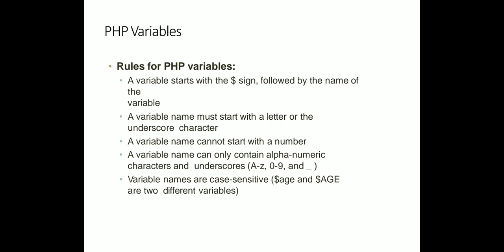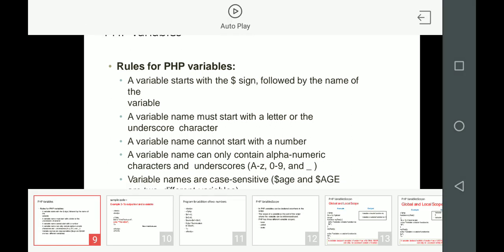Variable names are case sensitive, so $h in lower case and $H in upper case are two different variables. So while declaring any variable, you have to keep all these rules in mind.